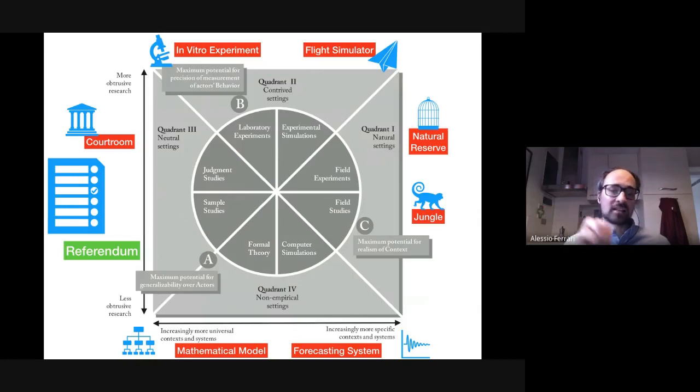Sample studies, as we said, can be on subjects, and are normally surveys, or on objects, and are normally strategies for mining software repositories, for example. Here in this diagram, surveys allow the maximum potential for generalizability over actors, because I am able to sample a large amount of people.